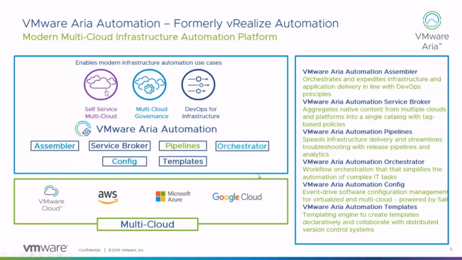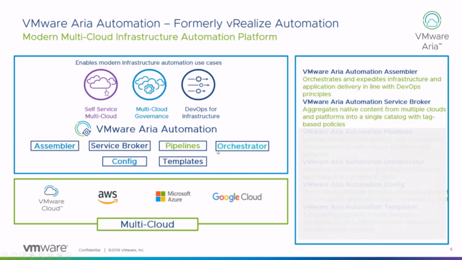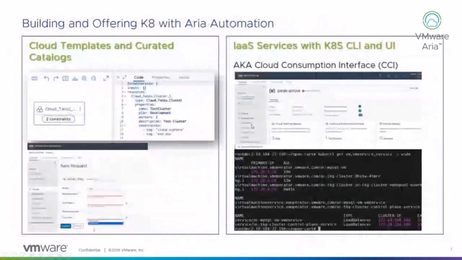For this specific session, we'll be talking about two main services or modules within Aria Automation: Automation Assembler and Automation Service Broker, where we publish our content for users to go to the catalog and click on the content that they need to do their day-to-day job.